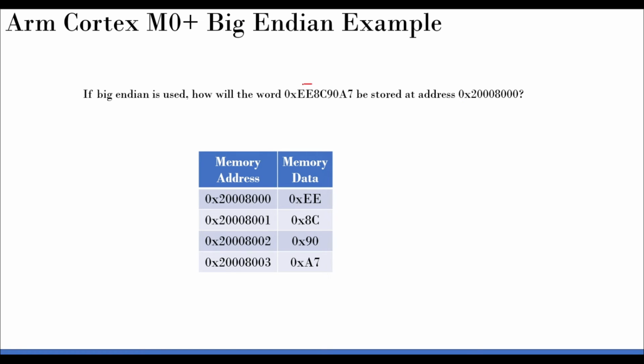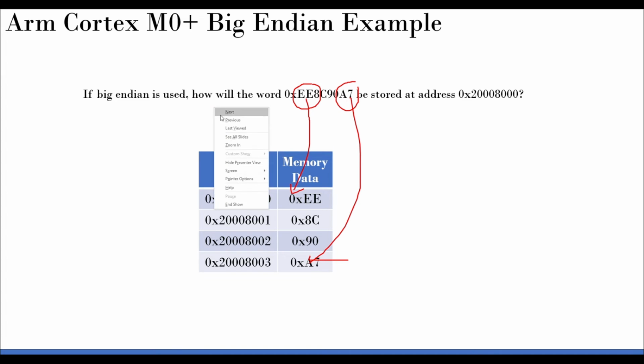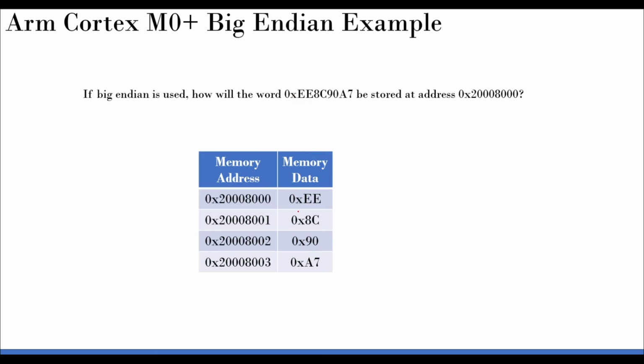Here the more significant byte is this guy EE, so that goes to the lowest address, and the least significant byte goes to the top address. So just the reverse. Typically this would have started here and ended here, that is little endian, but big endian is the opposite. So the least significant byte should be last, at the latest address.